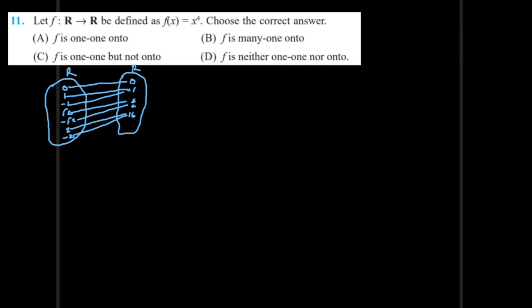That means minus 1 has no pre-image, minus 2 has no pre-image, etc. That means this is not onto also. Clear? So this f is neither one-one nor onto. D is the answer.